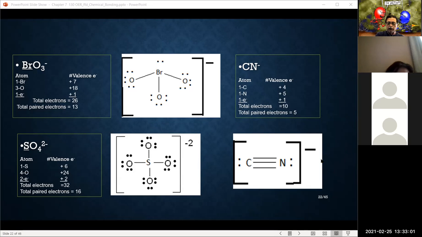We got the bracket and we got the negative charge in the upper right corner. Don't forget the negative charge on them. Okay, and also it's a bracket, so it's not a parentheses. By convention, a bracket is used instead of a parentheses.